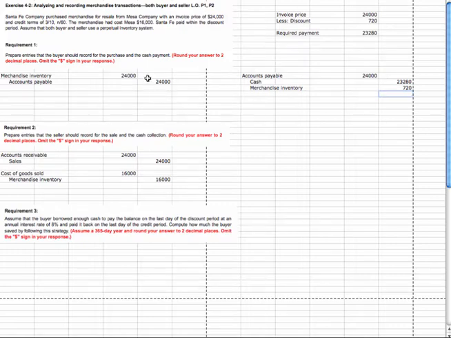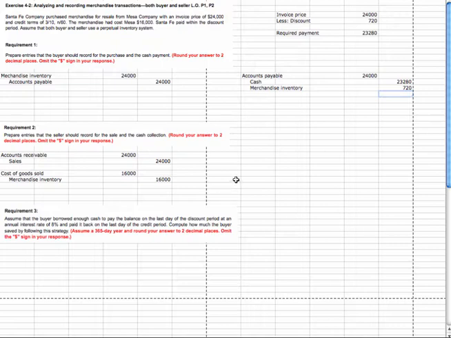We originally recorded the merchandise inventory on our balance sheet for $24,000, so we need to make an adjustment here to reduce it by $720. So this is what we would have to do as a journal entry to recognize that we paid the bill and took advantage of that 3% discount because we paid within the 10 days.